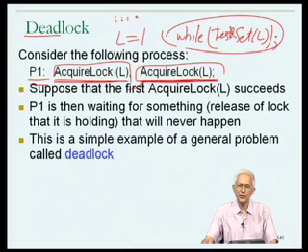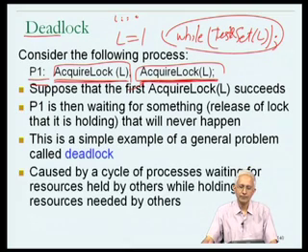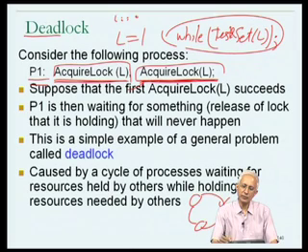And this situation is known as a deadlock. The situation could arise if there are multiple processes, each of which is trying to acquire a resource, maybe using a semaphore, and that resource is held by another one of the processes in such a way that there is a cycle of processes, each of which is waiting for something to happen that can only be achieved by the next in line in that cycle.